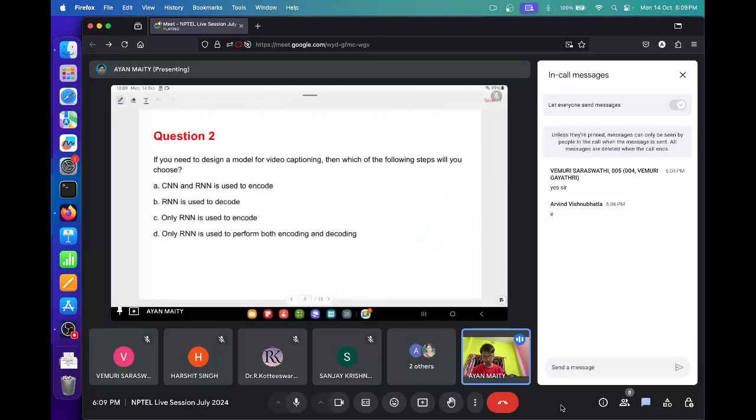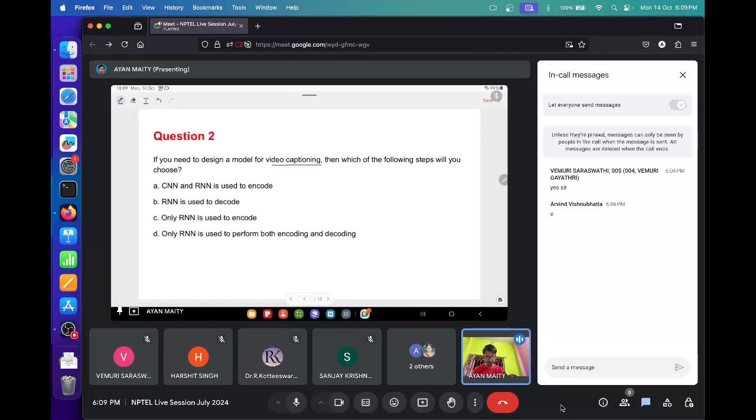Now moving on to question 2. If you need to design a model for video captioning, then which of the following steps will you choose? There are 4 options. Option A says CNN and RNN is used to encode. Option B says RNN is used to decode.